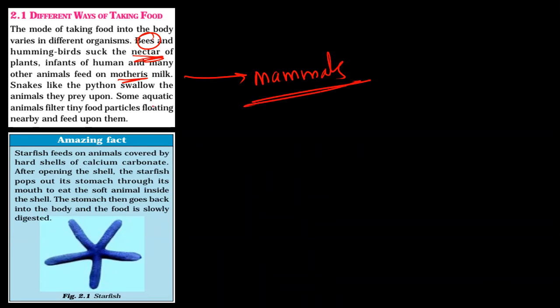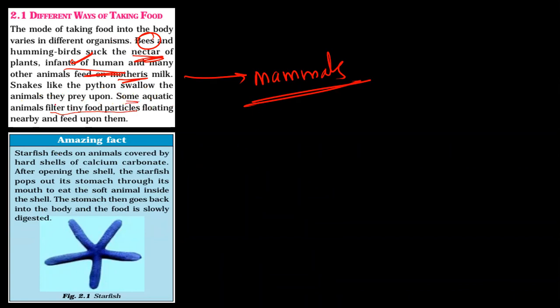We are all mammals. We feed on our mother's milk in the initial years, like infants of humans and other organisms. Now, snakes and python, they swallow the animals they prey upon. We have seen this many times as well. And some aquatic animals filter tiny food particles floating nearby and feed upon them.